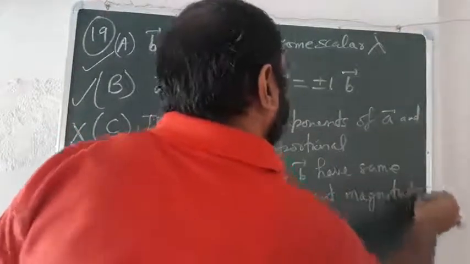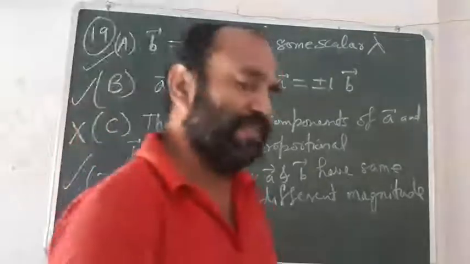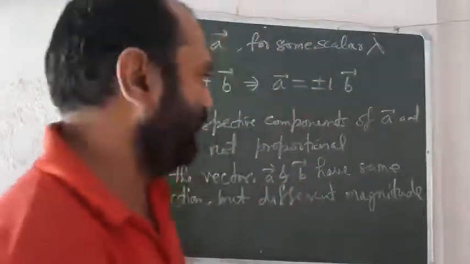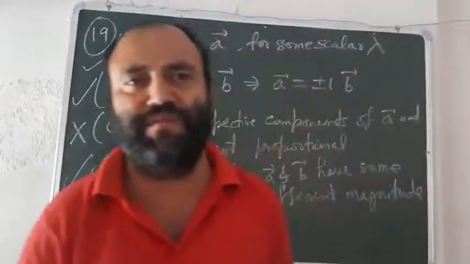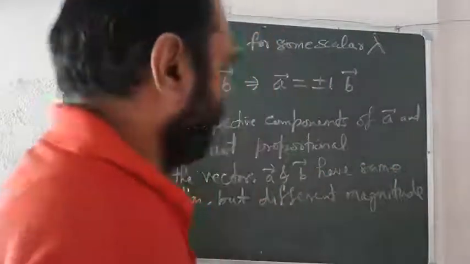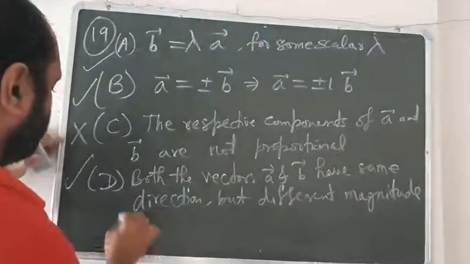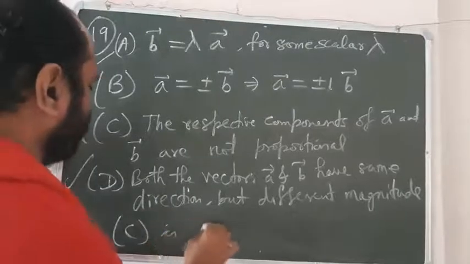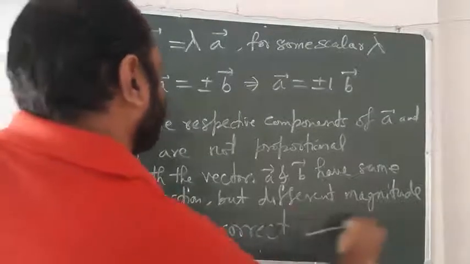Beta ji, this is also right, because they have the same direction and different magnitude, so it is understood that one is a scalar multiple of the other, meaning their ratios are the same. So you can say the C option is incorrect for this question.